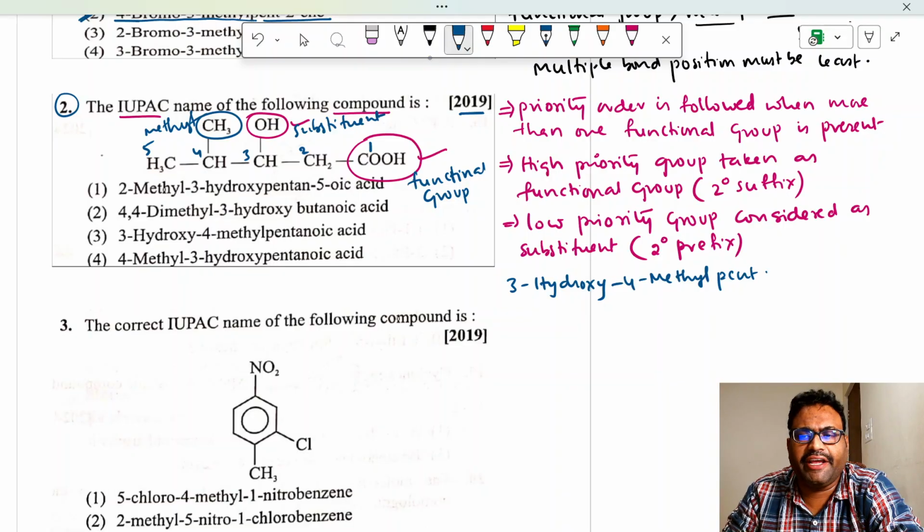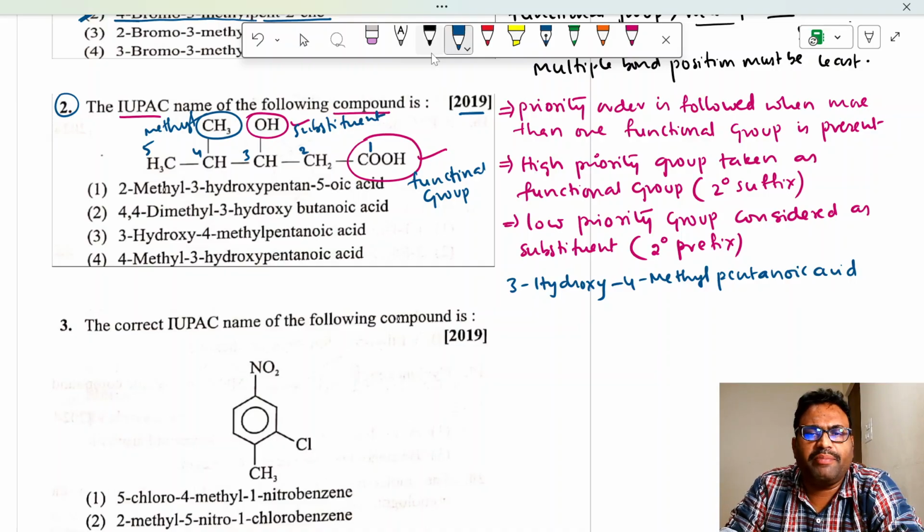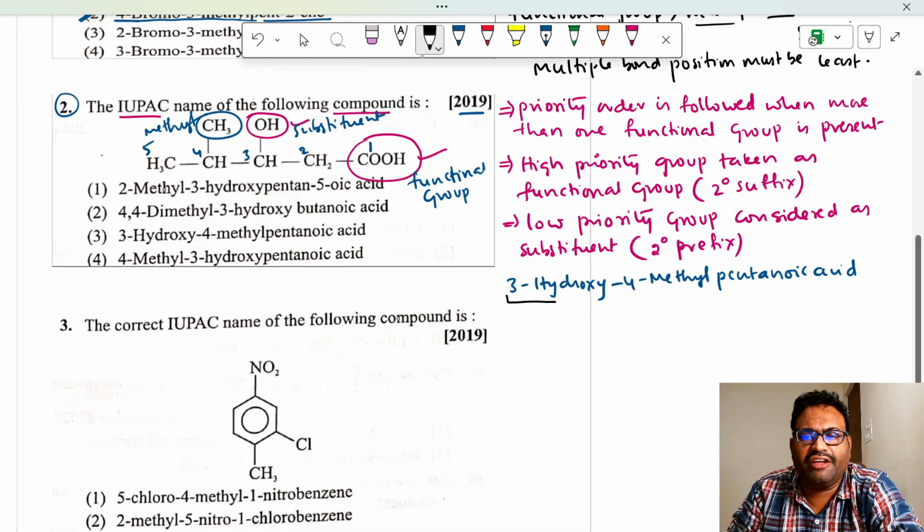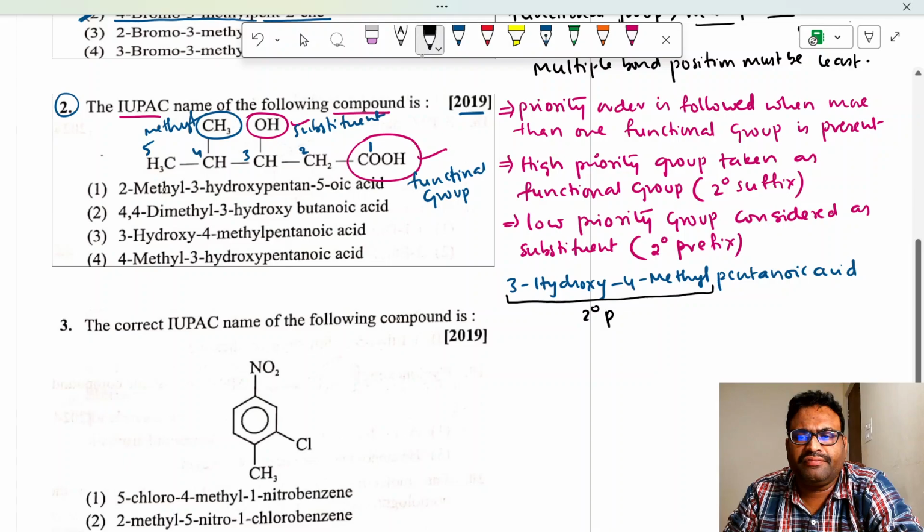Carbon single bond: ane. Secondary suffix is carboxylic acid. For carboxylic acid, we use oic acid as the secondary suffix. So 3-hydroxy, 4-methyl is the secondary prefix. Pent is root word. Ane is primary suffix.